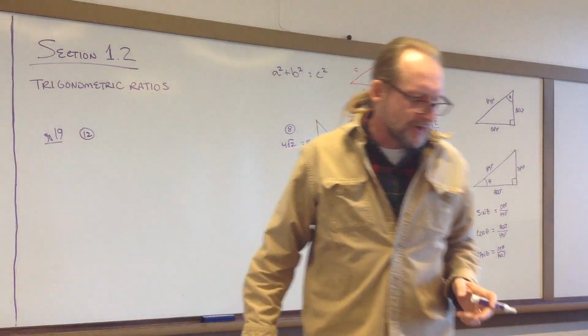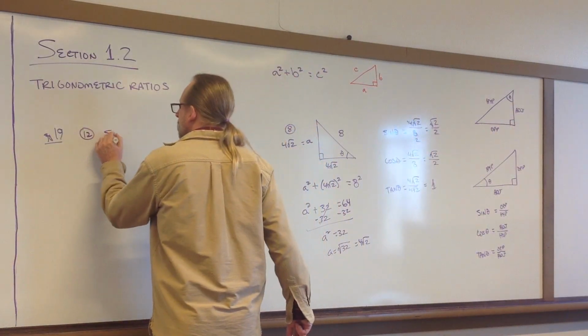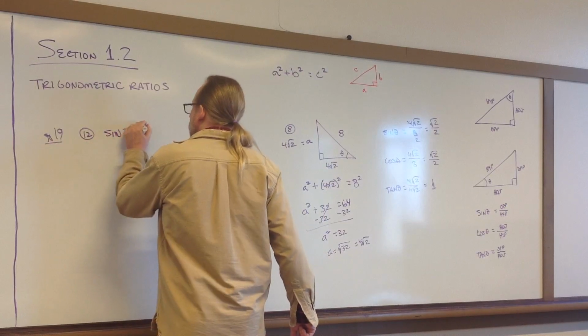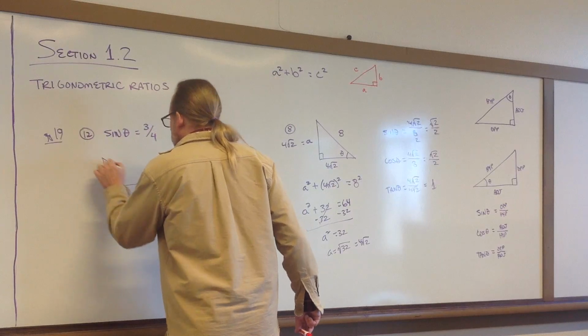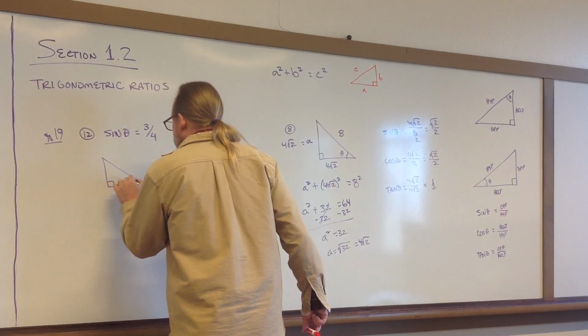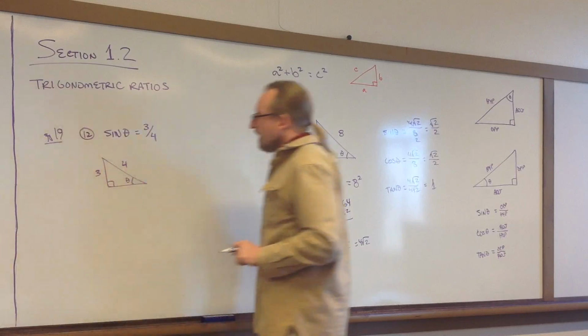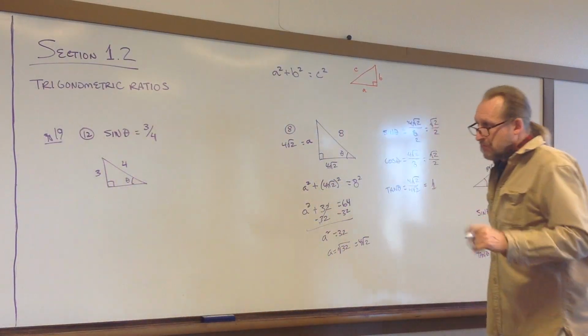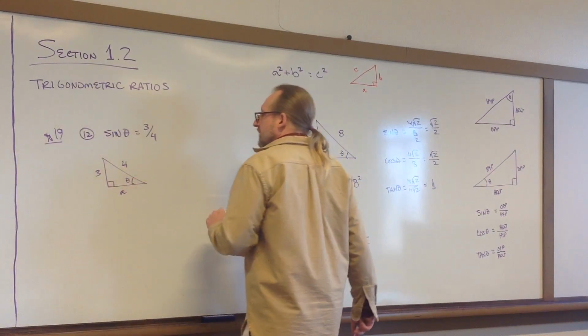And the information we're given there, sine theta equals 3/4. So we can make a triangle. Let's put our theta down here. Then that would be 3 and that would be 4. Okay? So we need to find the third side in the triangle.